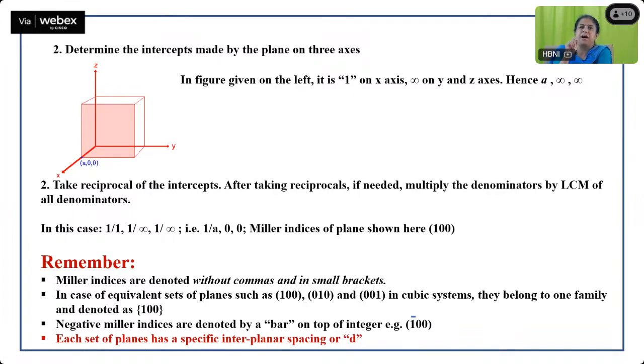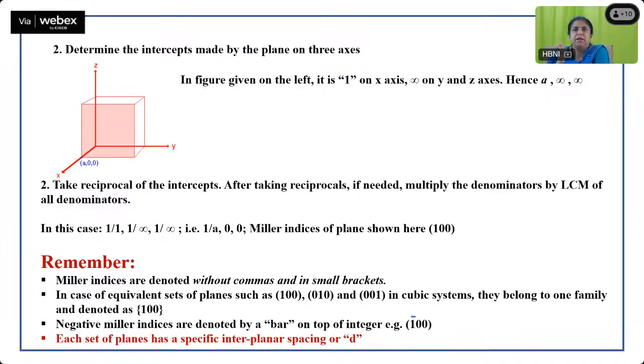Now, when I say 1, 1 means an intercept of the lattice parameter corresponding to that axis, which is a on x, b on y, c on z. If it is a cube, then a is equal to b is equal to c. So the ones here are all the same.